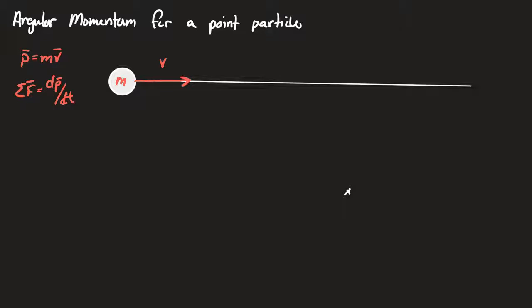I don't know which phrase you'd like to use here, but every single different point of rotation would also produce a different angular momentum. Now, this is different than the way we classified linear momentum. Linear momentum was the same for all frames of reference. Angular momentum isn't. Angular momentum requires a point of rotation.